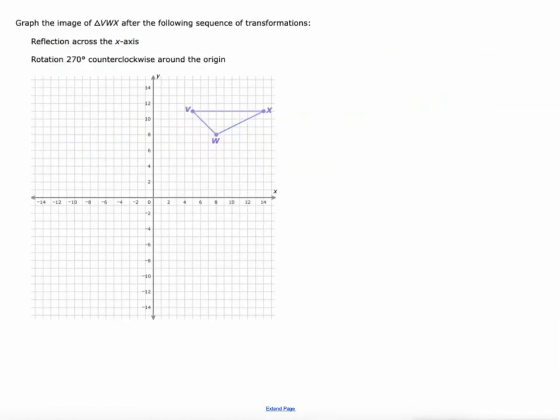Let's do a couple more. This time we're going to do a reflection across the x-axis, followed by a rotation of 270 degrees counterclockwise. Same idea though. Let's first talk about our original points, V, W, and X. V is at 5, 11. W is at 8, 8.